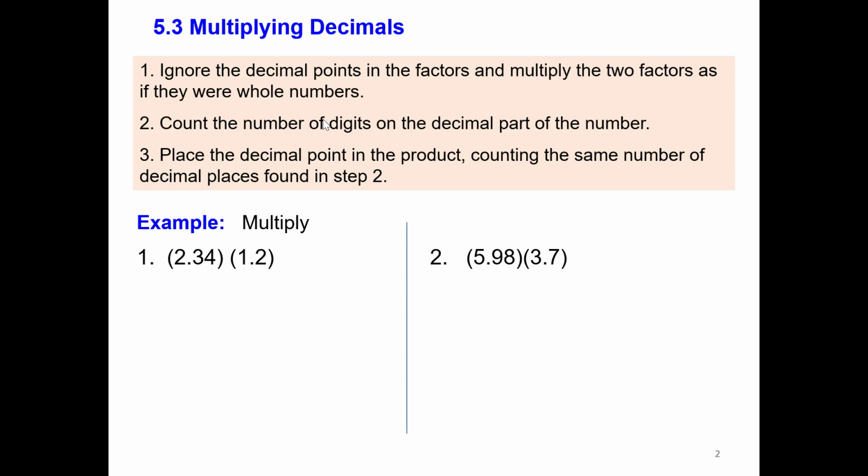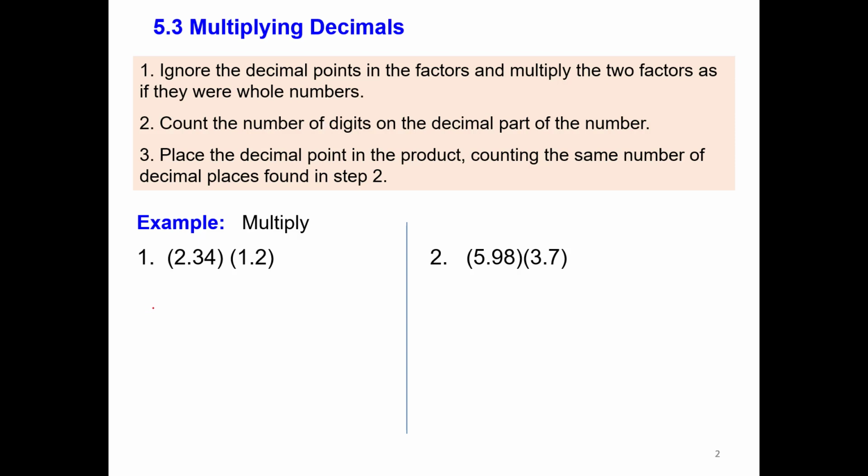Then we want to multiply 2.34 times 1.2. Step number 1 is we will multiply the factors, but we are going to ignore the decimal points.